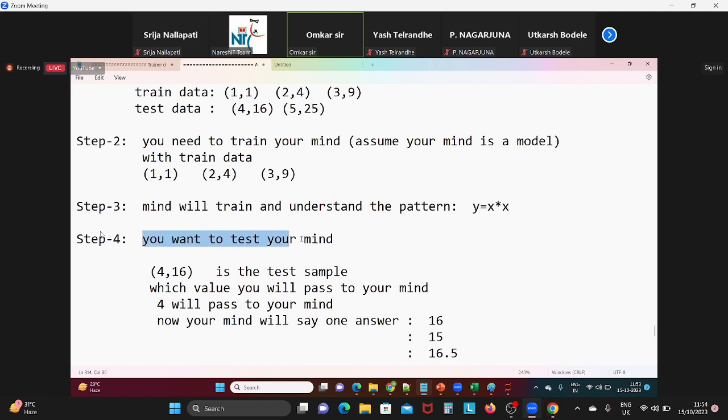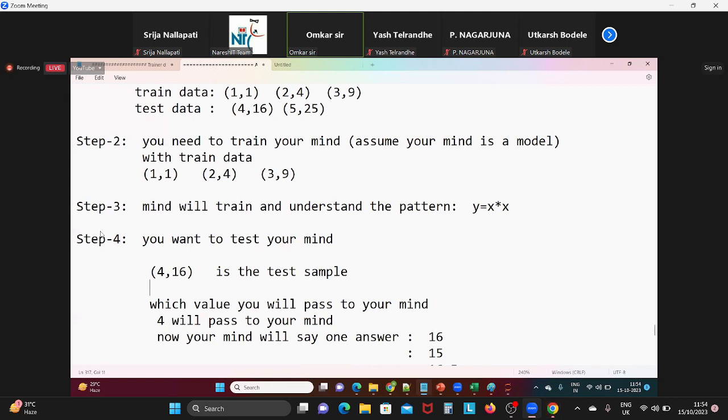Now you want to test your mind. 4,16 is the original sample, and 5,25, because you did not use these samples to train the model.